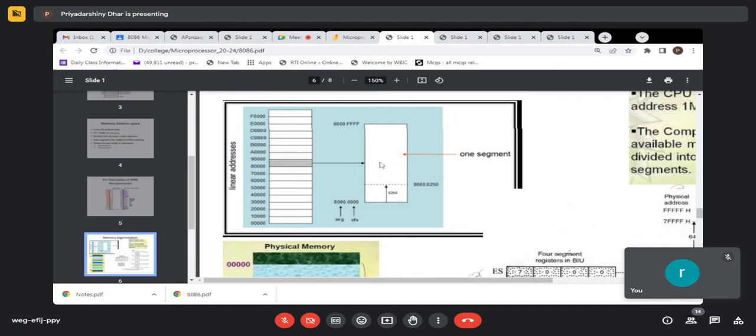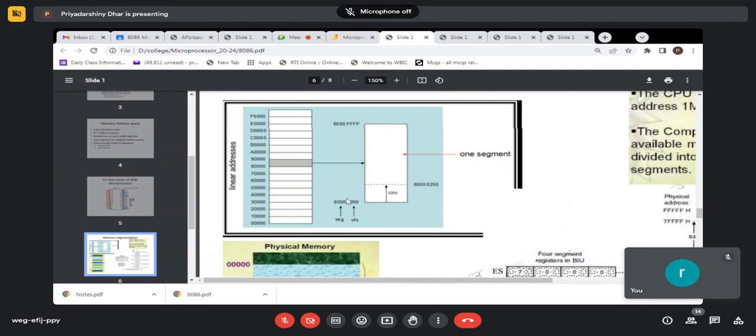Now 64 kilobyte means how many address lines are required? 16 address lines, that means 4 into 4. Suppose this is address 0000, and the next one is 0001, 0002, like this.